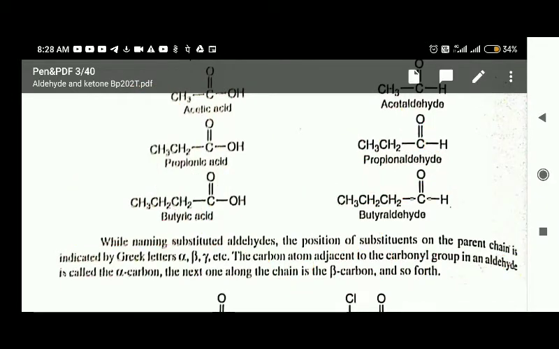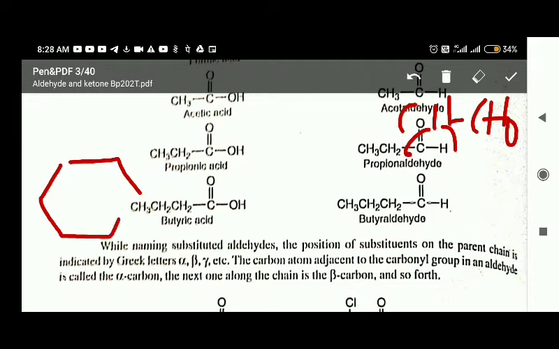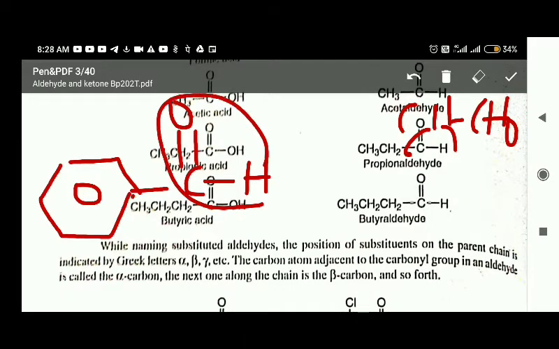So let's see the same way, I have written C6H5CHO, right? One more example is C6H5CHO, the benzene ring. So you see in C6H5CHO, this carbonyl carbon is the functional group attached to this carbon. Does this carbon have any hydrogen?